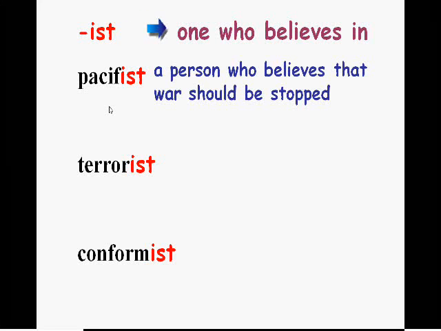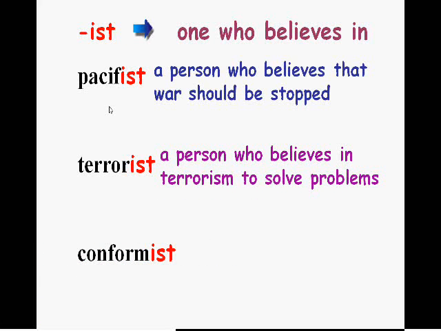Terrorist is surely the opposite of the other word. A person who believes in terrorism to solve problems. So it's an opposite person. He believes that terrorism, or causing terror to people, is the way to solve some problems.